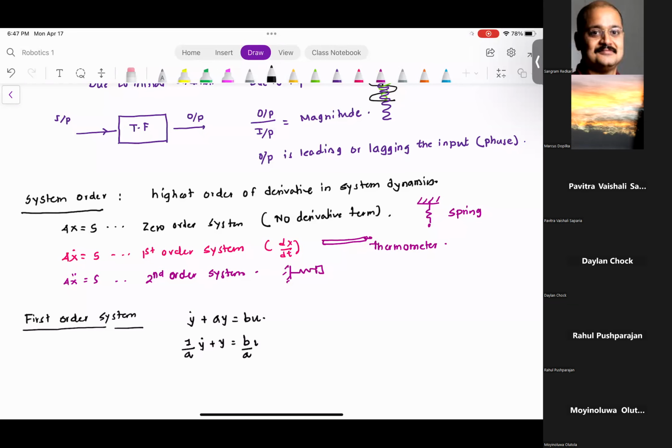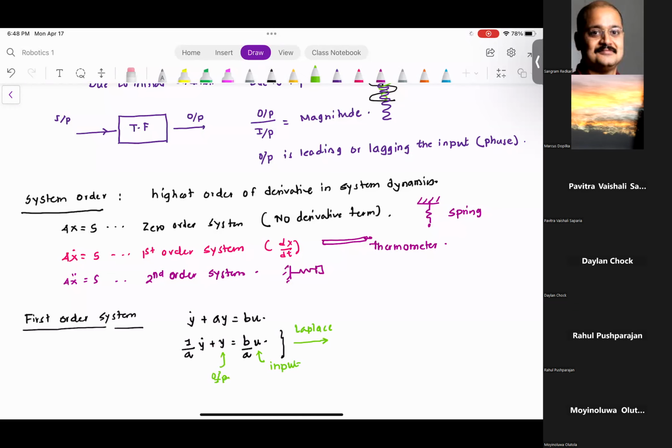a u. Now what I'm going to do is convert this equation into the Laplace domain. u is the input, y is the output.